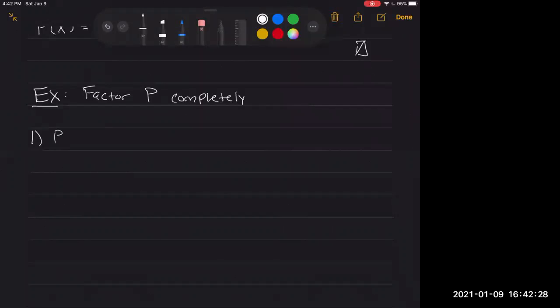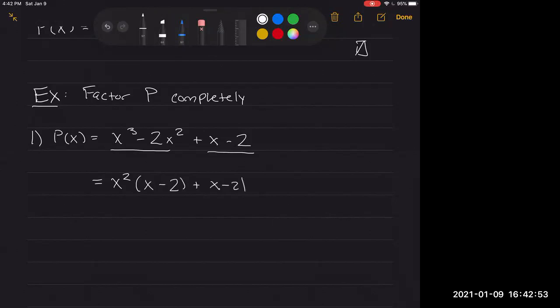If we have P of x equals x cubed minus 2x squared plus x minus 2, we're going to group like terms because you can see these look very similar. So we're able to rewrite this as x squared times (x minus 2) plus (x minus 2). And then we can pull out an x squared plus 1 from this term by grouping.